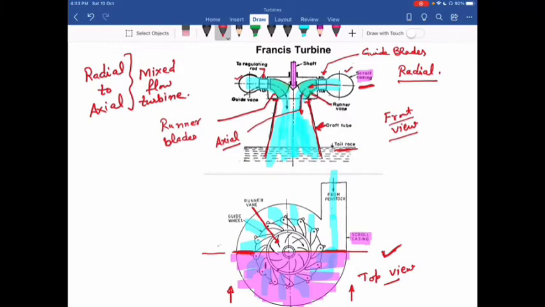So another characteristic is the medium head, that is, the range of head is from 45 meters to 250 meters. And it also requires medium discharge.